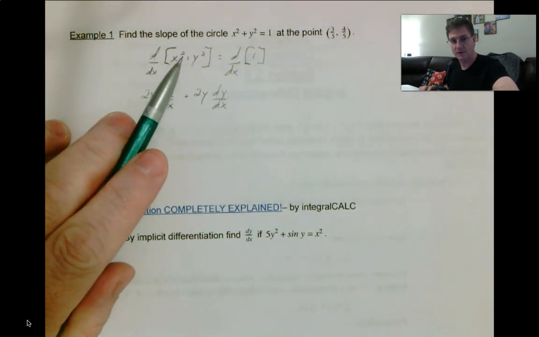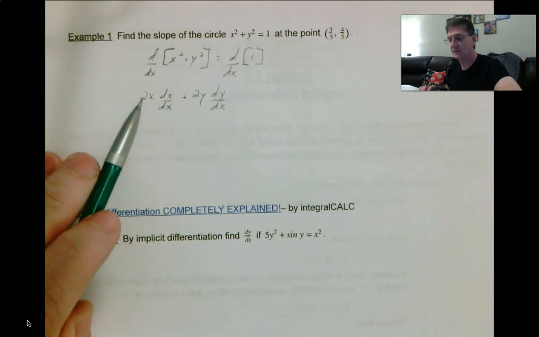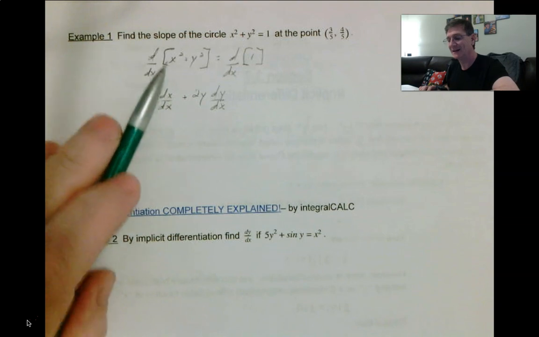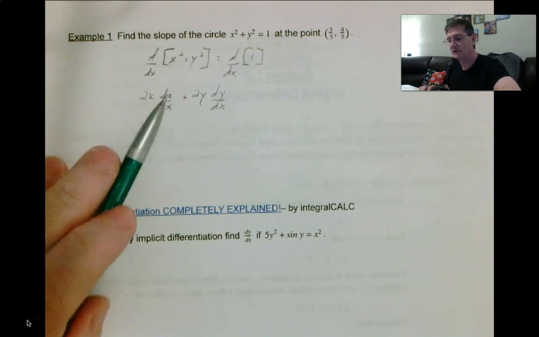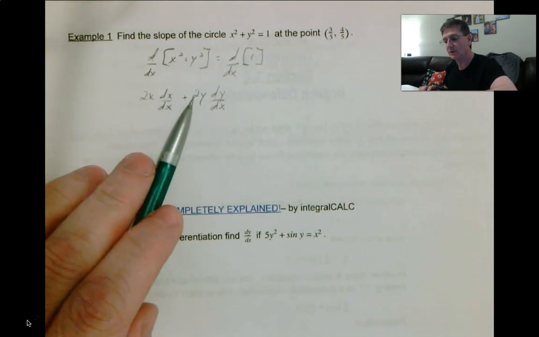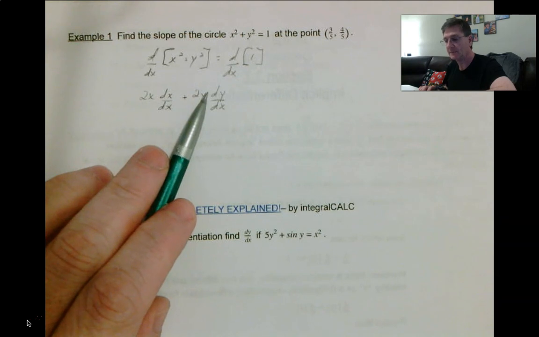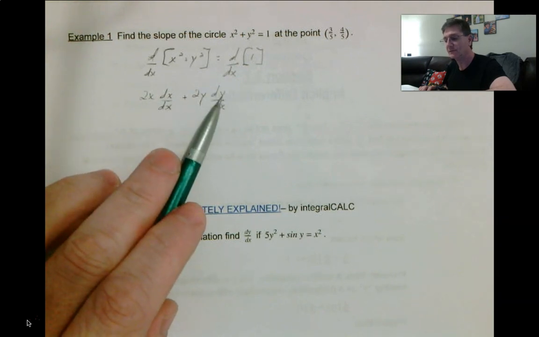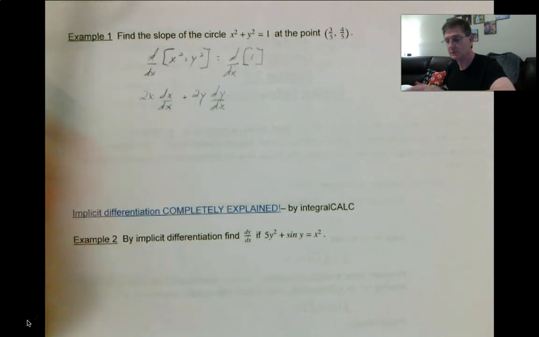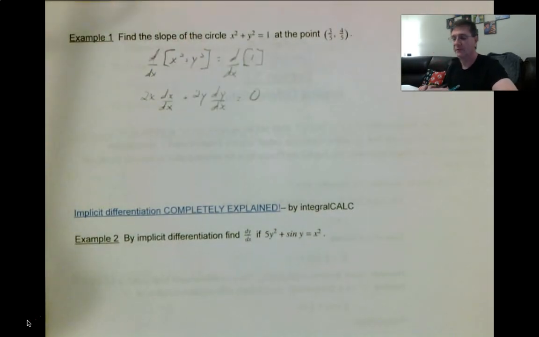Derivative of the outer function, chain rule: 2 brings it out front, subtract 1, times the derivative of the inner function, d/dx. Power rule, bring the 2 out in front, subtract 1 from the exponent, times the derivative of the inner function, which is y. The derivative of 1 equals 0, because the derivative of any constant is always 0.